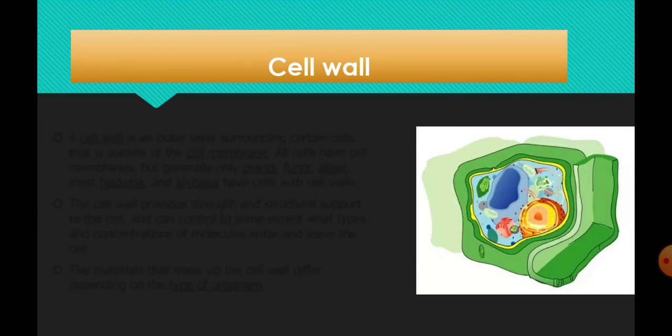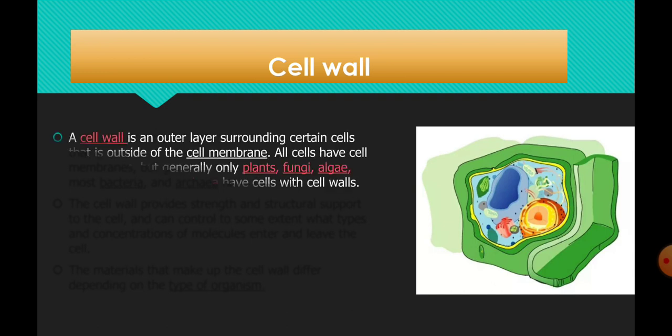Now we will know the outermost layer, the first part of one cell, that is the cell wall. A cell wall is the outer layer surrounding certain cells, outside of the cell membrane. Certain cells, so not all cells have a cell wall.